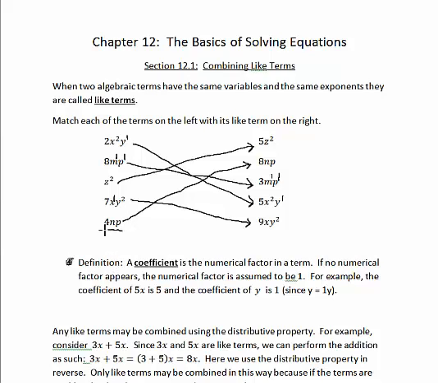So we have a factor of 4 in this product, we have a factor of n, and we have a factor of p. So if no numerical factor appears, the numerical factor is considered to be 1. And as I pointed out with the z squared term, we could interpret that as a 1z squared.